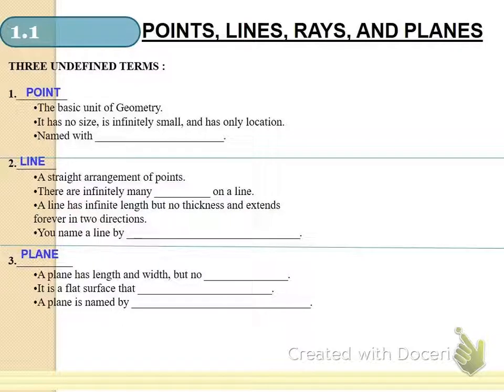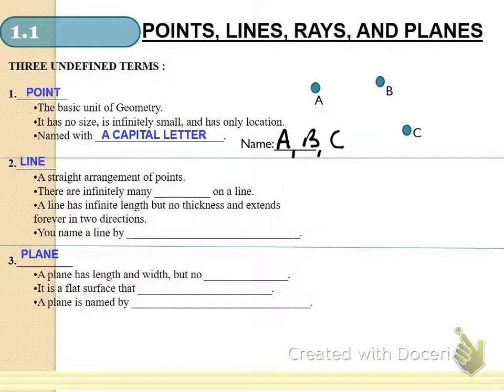The point is the basic unit of geometry. It has no size. It is only used to show location, right? When we name points, we just use a capital letter. So if I wanted to name these points here, we would just call these guys A, and then B, and then C. And we want to separate those with commas, right?